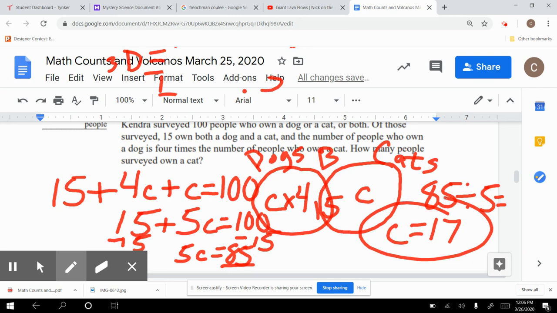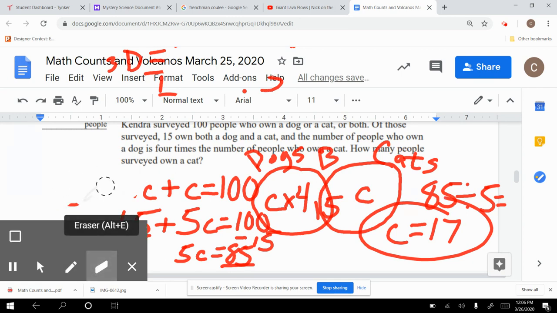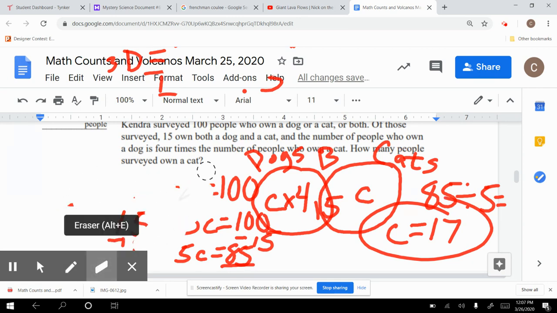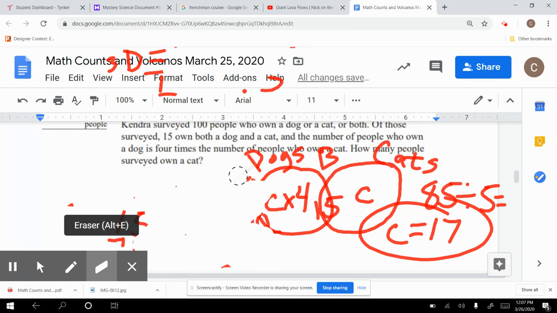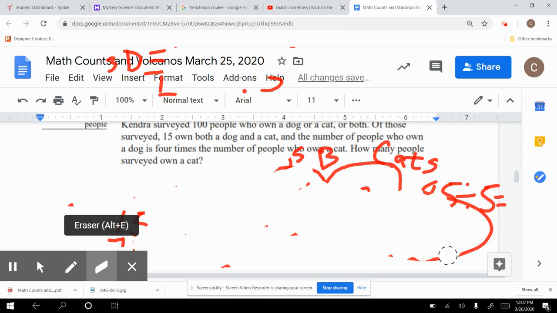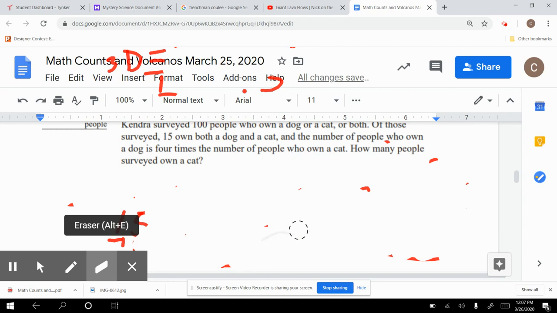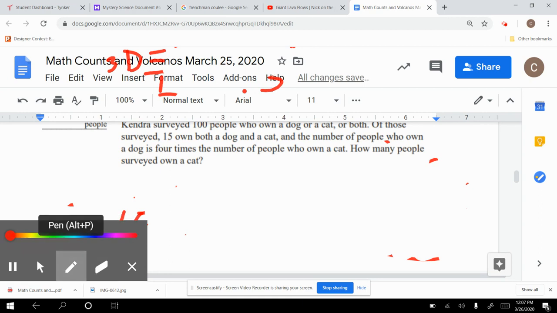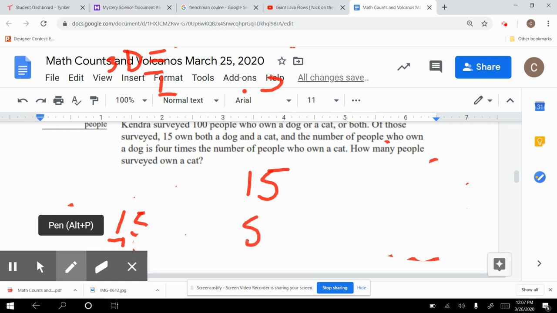You know, there's another way that I was thinking about doing this too, which would be effective. If 4 times more people own dogs than cats, then we could do something else where we know that if 15 of the people have both, right, then 85 people left over have either a cat or a dog.